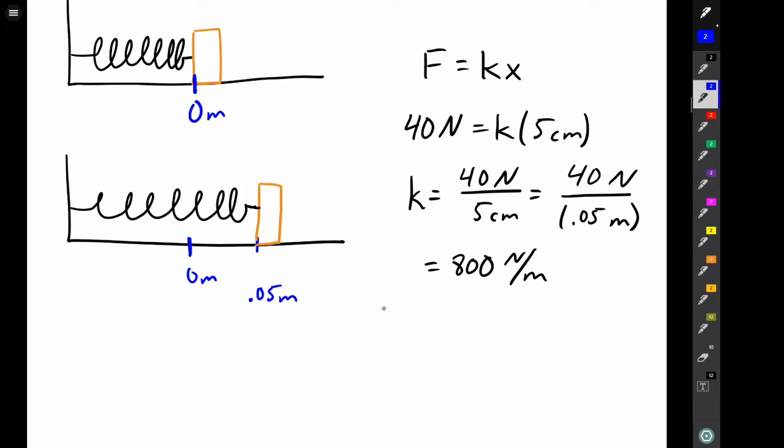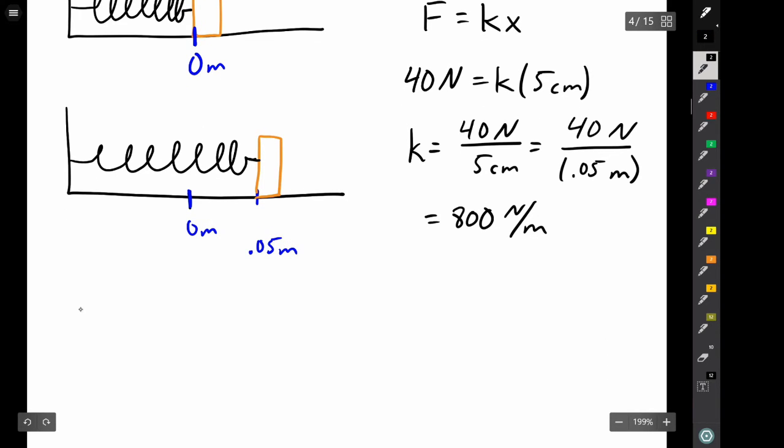to 0.08, what happens? So the work done will be the integral of, let's see, we have k, 800x. And here we're stretching the spring from 0.05 meters to 0.08 meters.